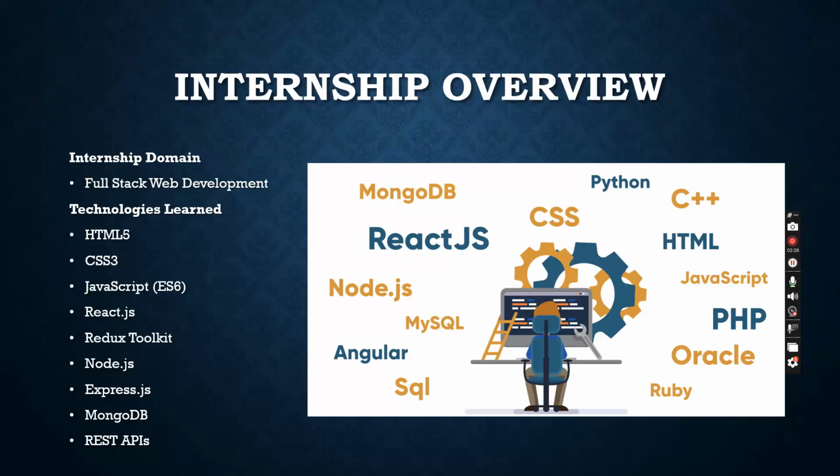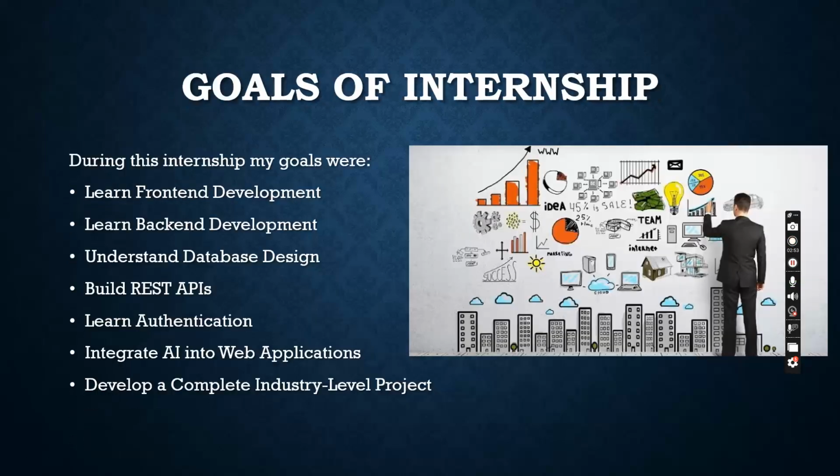For the database, I learned MongoDB, which is a NoSQL database. MongoDB stores flexible JSON-like documents, making it suitable for modern day applications. So this was the overview of my journey throughout this internship.